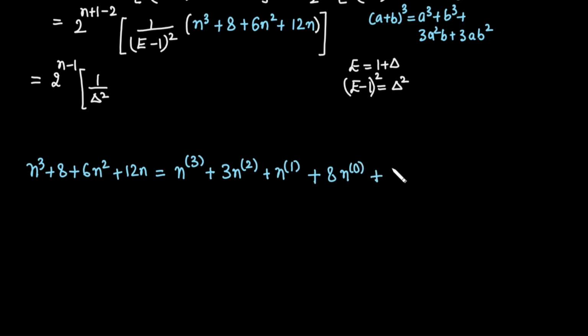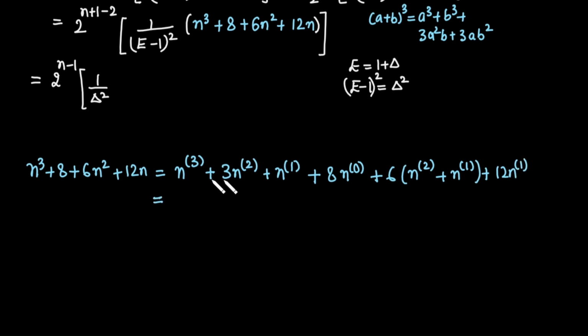Plus 6 times n square is written as n raised to power 2 factorial polynomial plus n raised to power 1 factorial polynomial, plus 12 n raised to power 1 factorial polynomial.